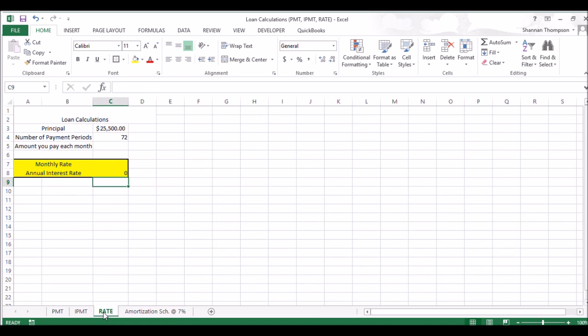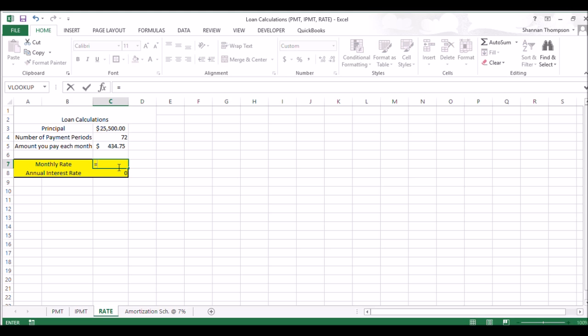The last part that I wanted to show you all is the effective interest rate. The effective interest rate is the actual interest that you pay on this car loan. People have their annual percentage rates and all of that, but it doesn't show you the actual amount of interest that you're going to be paying.